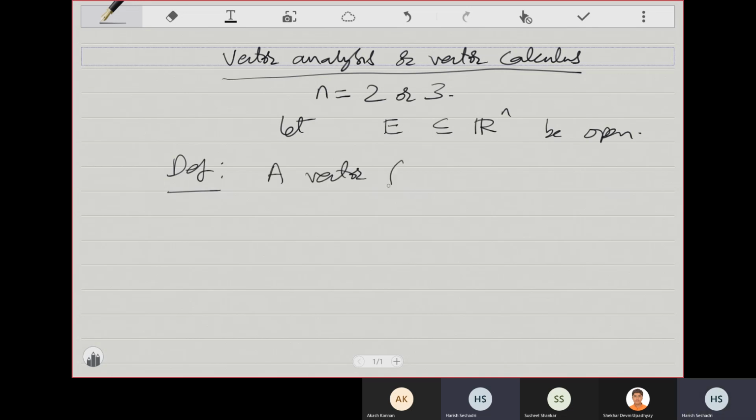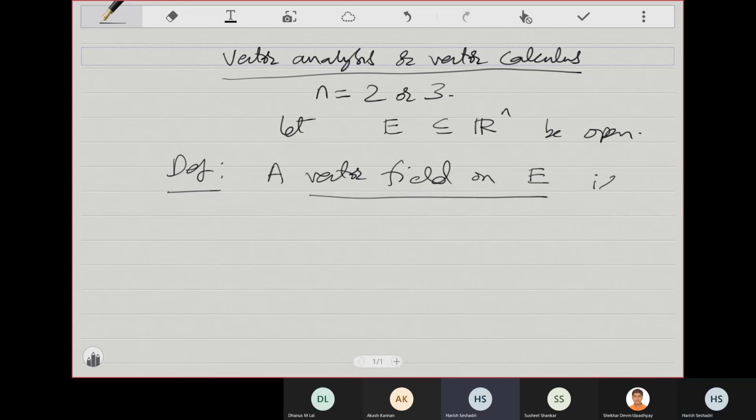A vector field on E is, well, at this point I can put continuous, C1, C2, or I may not even say anything at all. Basically, it's just a function. Let me not put any conditions.